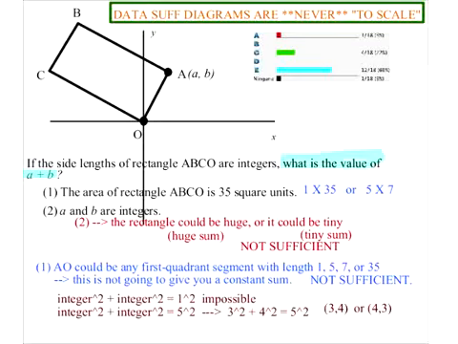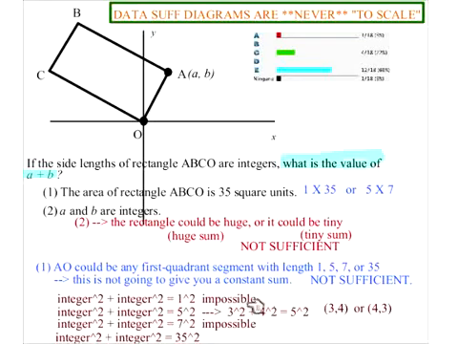Integer squared plus integer squared equals 49. That doesn't work. This is impossible. And then if you've got integer squared plus integer squared equals 35 squared, 35 squared is a big number, but you can realize it's the same Pythagorean triple as this, just times 7. So instead of 3, 4, 5, it's going to be 21, 28, 35.